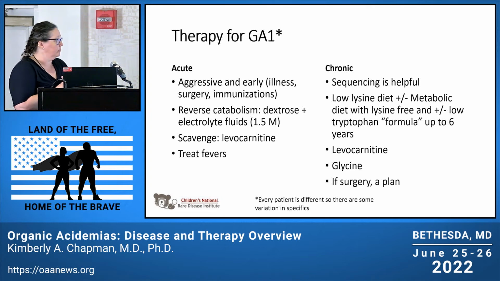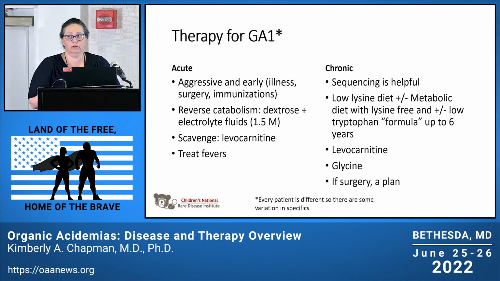You're going to scavenge with carnitines, and you are going to be incredibly aggressive with therapy. This is the one place that I have to walk to the residents and say, you're going to schedule Tylenol alternating ibuprofen every 3 hours, and it's got to be scheduled, and we won't stop it for 48 hours. But we want to see a fever. I'm like, no, we don't.